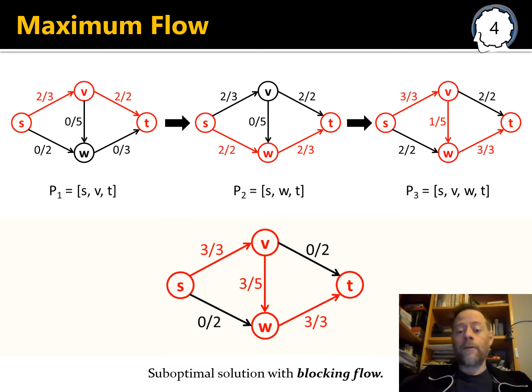We can push 2 from s to w, but we cannot push that any further because the only outgoing edge is to t, and that's already saturated. Since this flow is only 3 and we know that the maximum flow is 5, this is clearly a suboptimal flow, and we cannot do anything better. If we reach this state, we are in what's called a blocking flow.